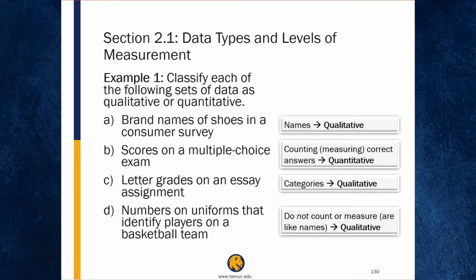So those are some examples of quantitative versus qualitative. The primary characteristic of quantitative is that it's a number, but it's not just any number, it's a number which measures things. Whereas qualitative are names, categories, or labels that are being used, and they're not measuring anything.